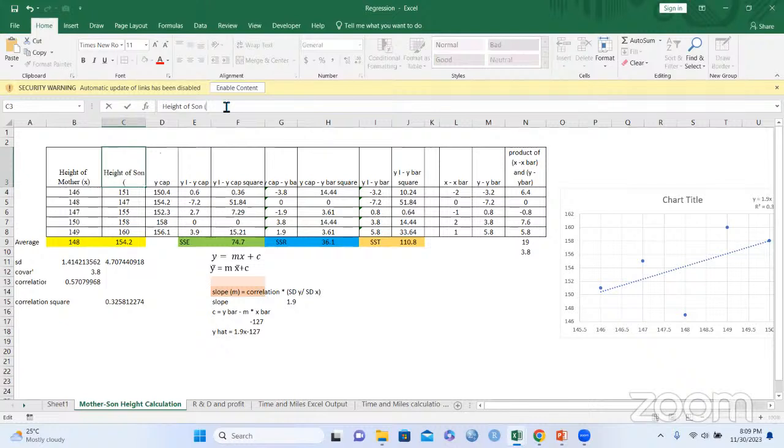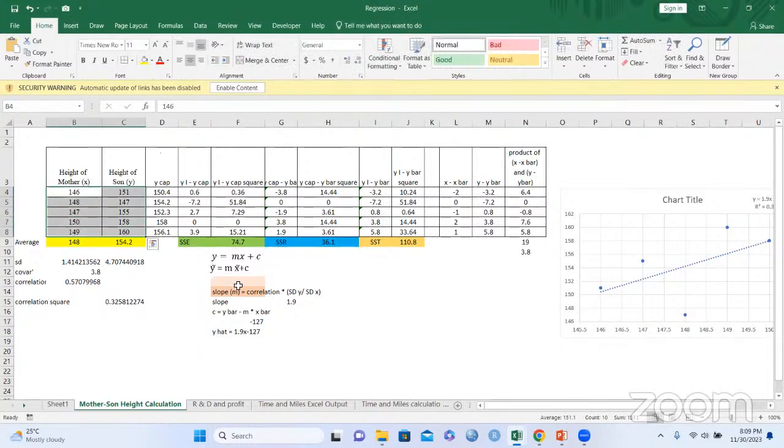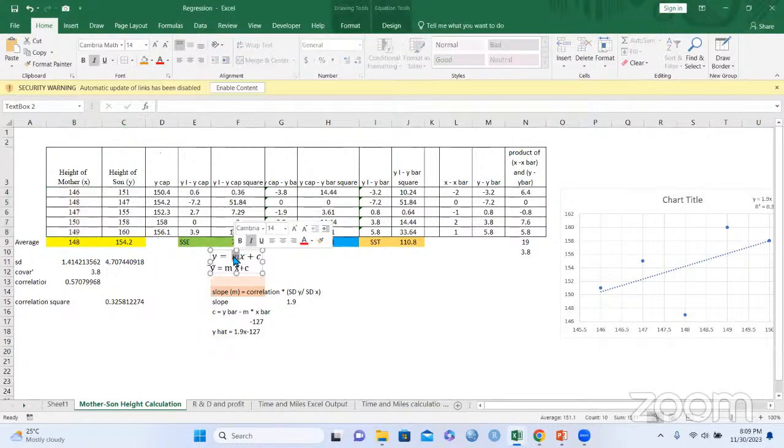So in this case, we feel that the height of the son is dependent on the mother's height. If you try to fit a regression line, we have to find the slope of the equation and the intercept.